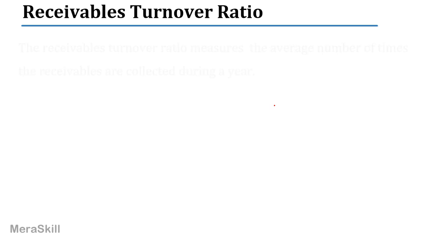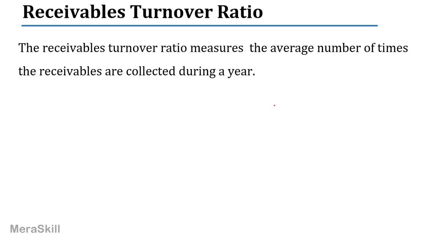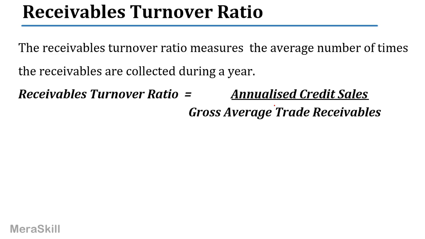Next, let us look at receivables or debtors turnover ratios. What does this tell us? This tells us the average number of times the receivables are collected during a year. I told you, everything is sales by the particular asset. So we had the inventory turnover ratio. Instead of sales for inventories, what did we use?